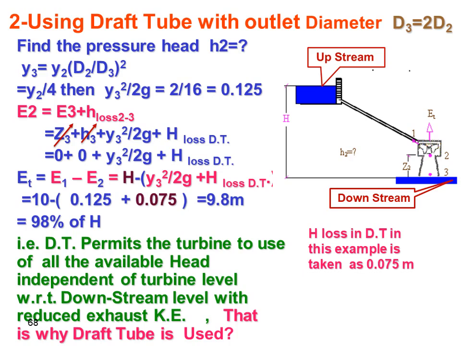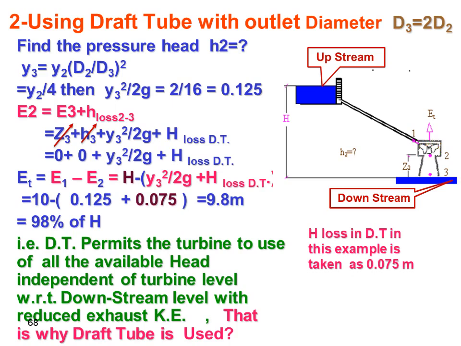All this gives a turbine useful energy of 9.8 meters from 10 meters. This means the use of a draft tube permits the use of at least 98% of the net head on the turbine.